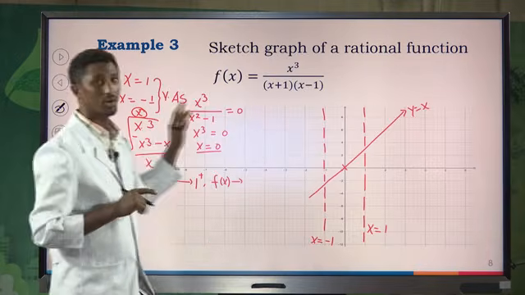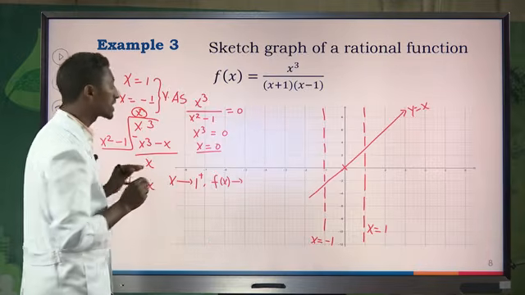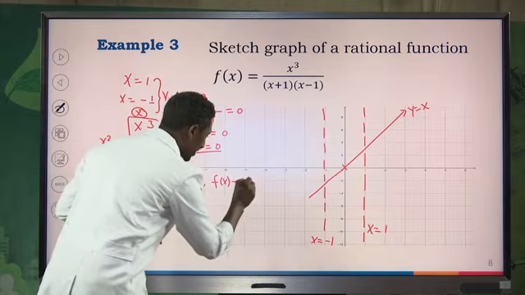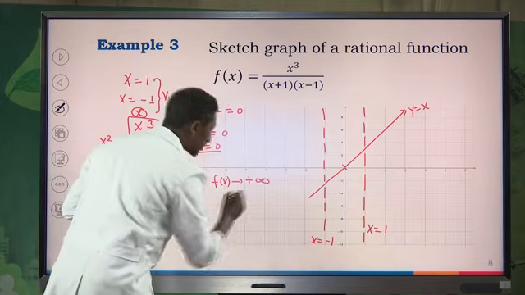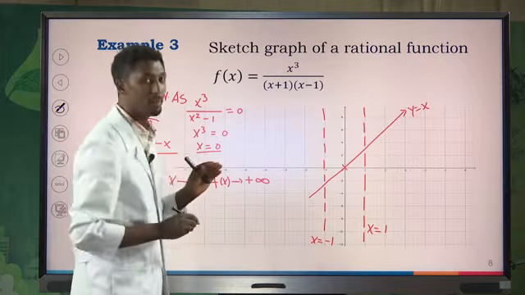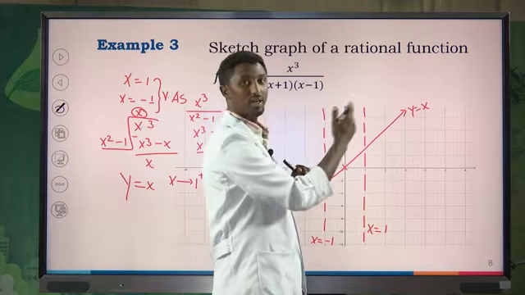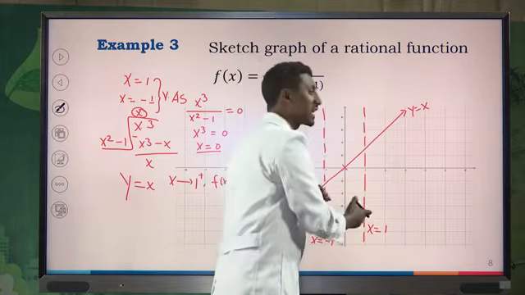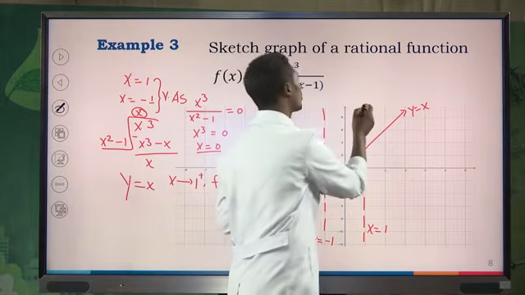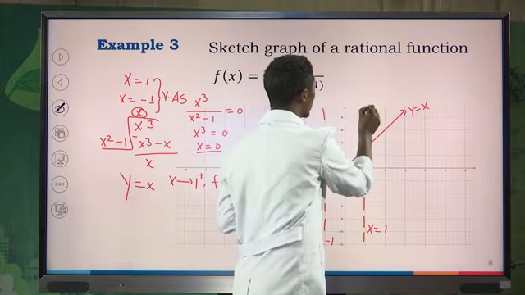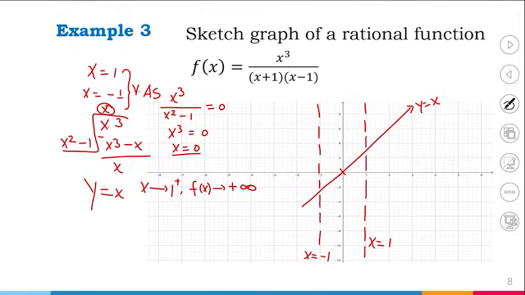So the quotient is positive, which implies the functional value will approach positive infinity. As we get closer and closer from the right to this vertical line, the graph will go vertically upward. So as x approaches 1 from the right, f of x approaches positive infinity.